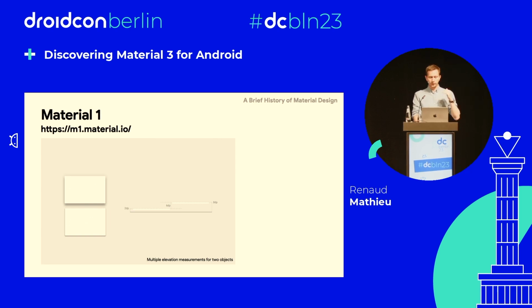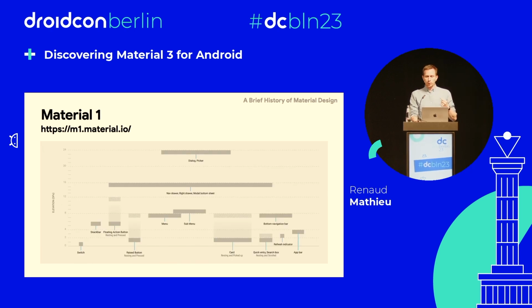As you can see in this sample from the Material 1 design, they also provide us some components, and with the components, they gave us the elevation. Like this dialogue has to be 24 dp, and some switches have to be very flat.